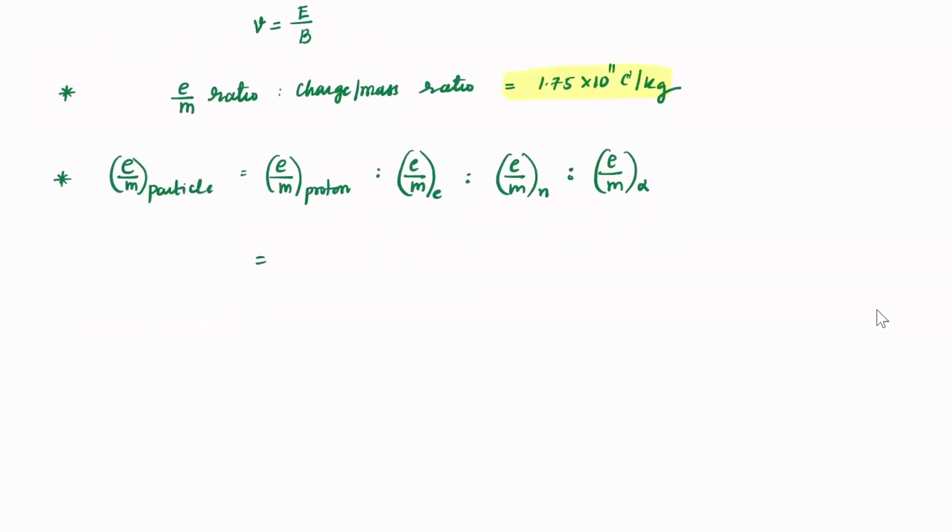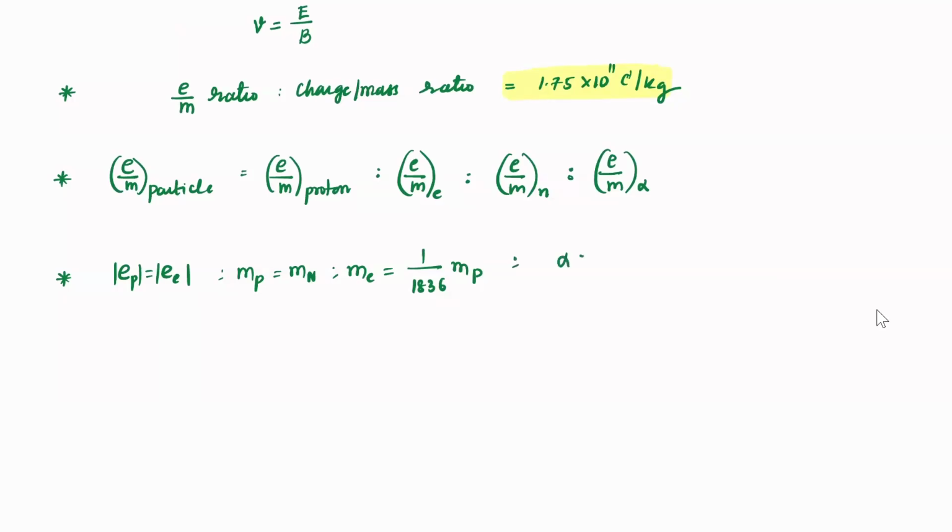One thing you need to understand here is that the charge of proton and charge of electron will be equal in magnitude, and mass of proton and mass of neutron will be equal in magnitude, and mass of electron is 1 by 1836 times that of mass of proton.